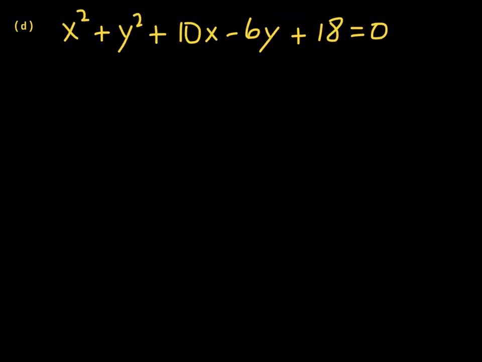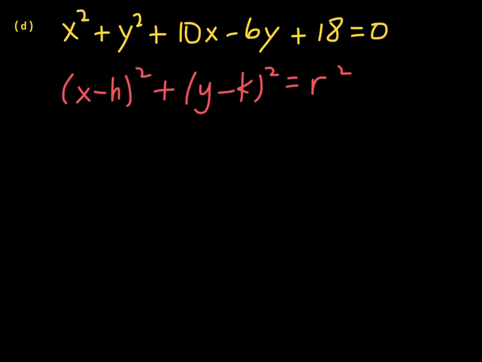Okay, guys, this is our next equation. Again, the instructions are to find the center and the radius of the circle, and then maybe we can try graphing it. As you can tell, this is not in standard form. Can I remind you what standard form is? This is standard form. The main thing I want you to take away is there's only one variable x and one variable y.